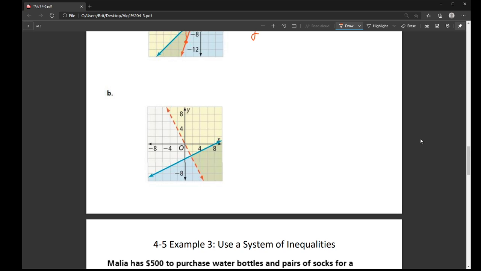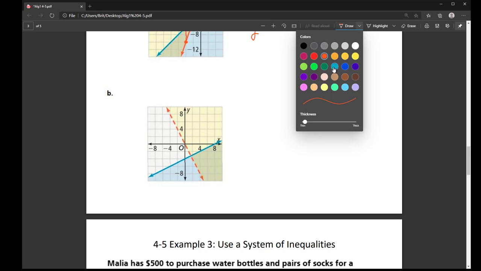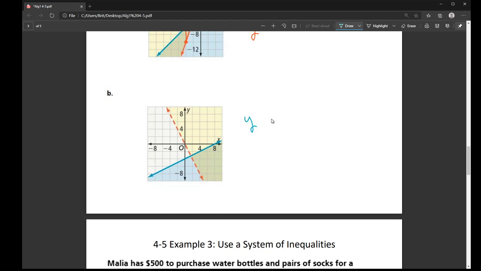So let's go ahead and just try one more. Starting with the blue line, I have a y-intercept here. And again, it goes up to 4 right away, so each of these boxes is worth 2. So my y-intercept is at -4.